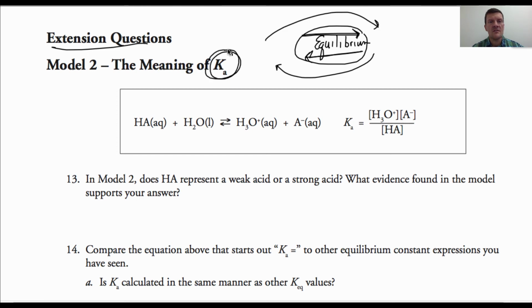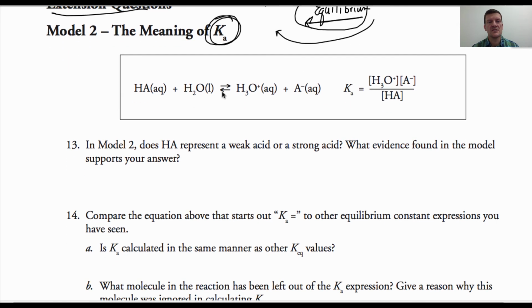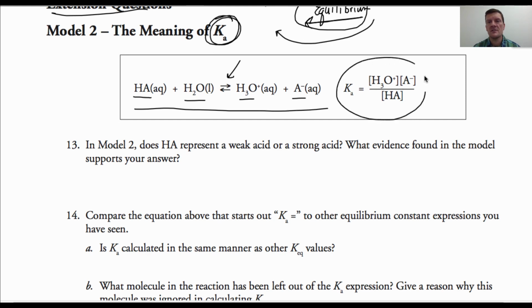So here we have an equilibrium constant expression, and let's figure out what this means for us. Here we have a general reversible reaction for a generic acid, HA. A represents any non-metal that would form an acid, reacting with water, creating hydronium and that conjugate base anion. And then we have an expression right here.